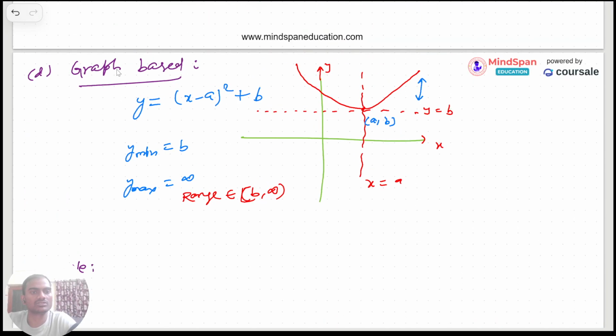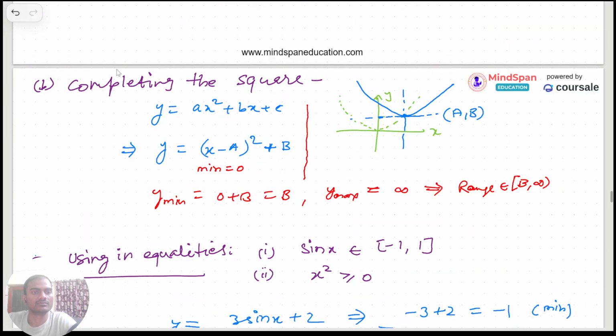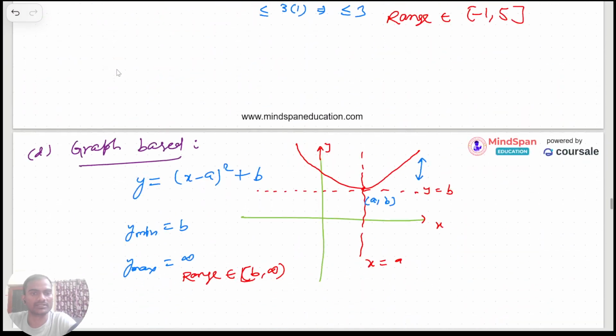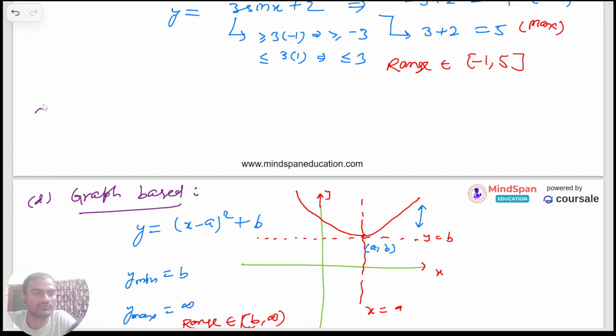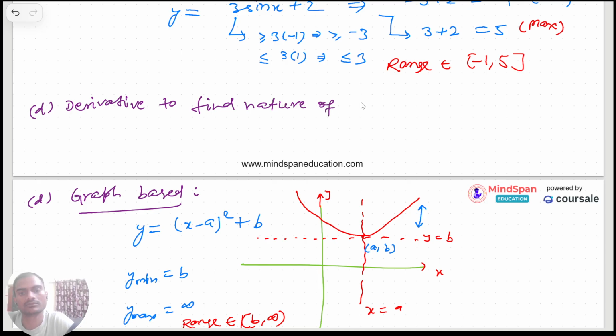Sometimes we also use derivatives. We don't have any space here, but we can write here, if we make this point d, derivative, to find the nature of a function and its maximum and minimum points.